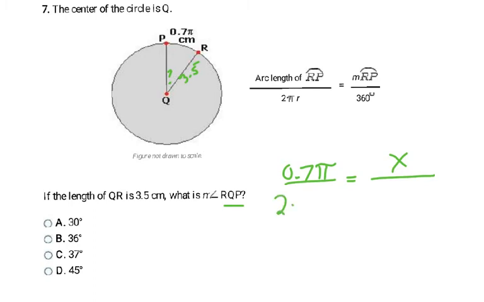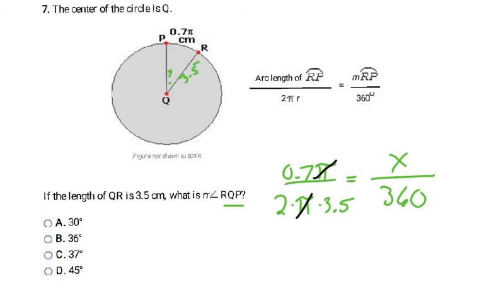And then I have 2 times pi times the radius, and the radius is 3.5, they tell us in the problem. And then I have my x already, and then I just have the 360 underneath. So right off the bat, I see I have a pi in the top of both fractions. Since it's all multiplication and division, I could just go ahead and cancel those out.